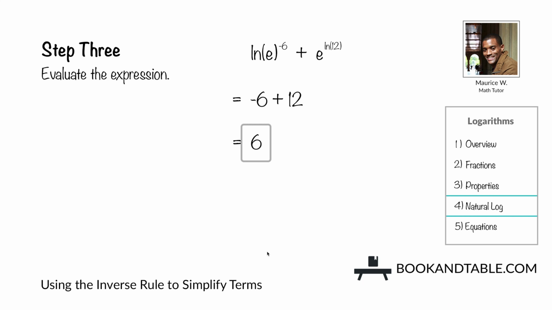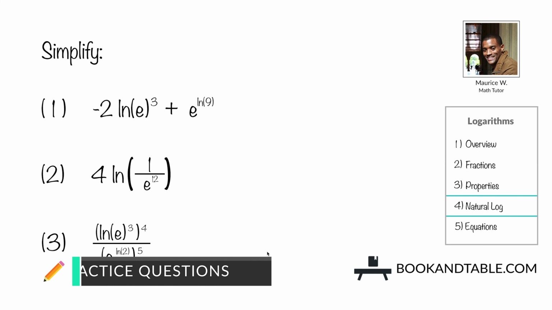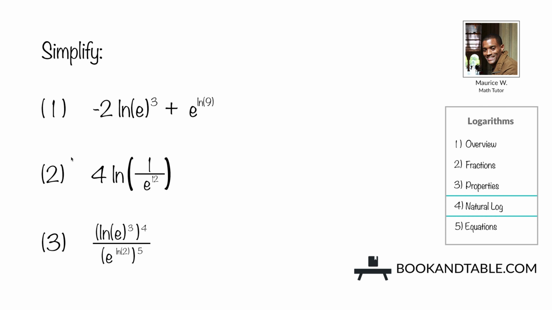So this is how we would go about using the inverse rule to simplify natural logs. Let's now have you try a few practice questions. Simplify question number 1. -2 times the natural log of e to a power of 3 plus e to a power of natural log of 9.